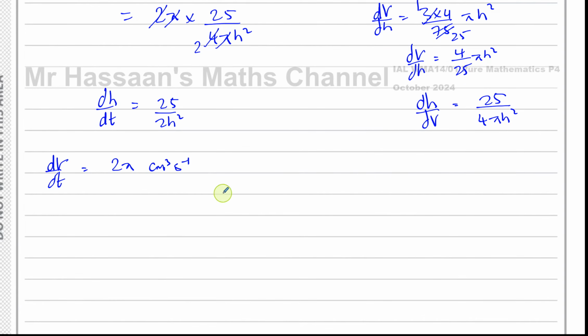And the time for which it's flowing is 1.5 minutes, which is 1.5 times 60, which is 90 seconds. We have to do it in seconds, of course, because it's per second.